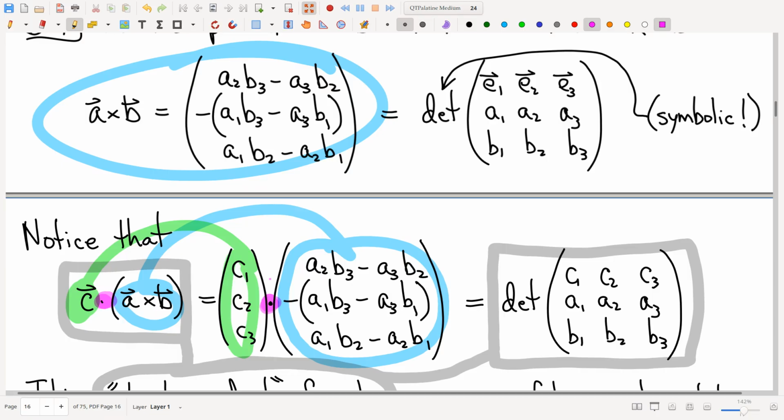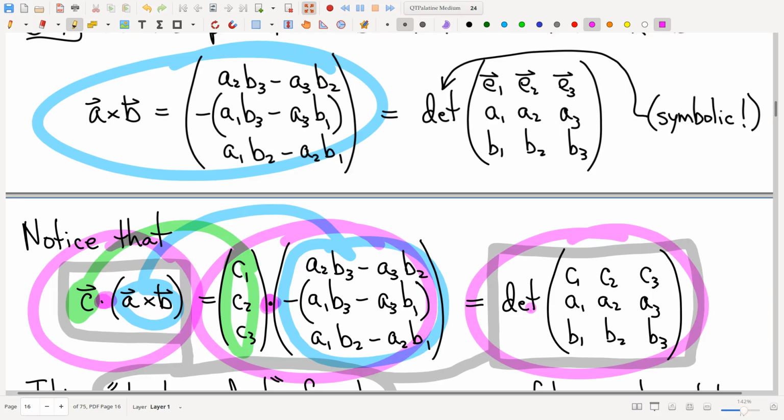Y'all know how to do dot products, and we have a formula here for the cross. If you just dot that, multiply it out, collect all the terms, what you will find is that this dot product is literally a determinant.